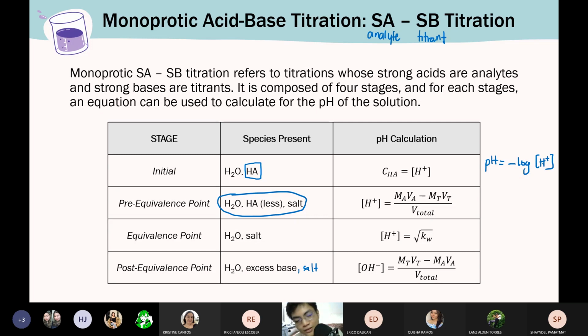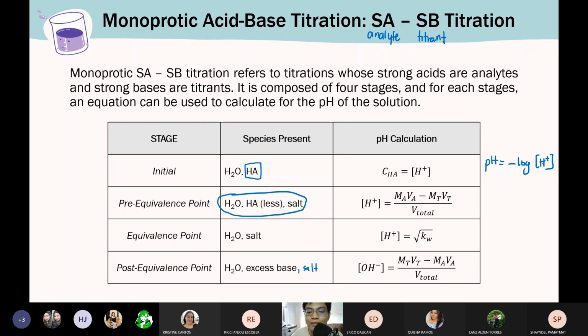Ilang beses nyo na ginagawa yung calculations na yan. Molarity times volume will give you what? Moles, correct. Okay? So, molarity times volume will give you moles.